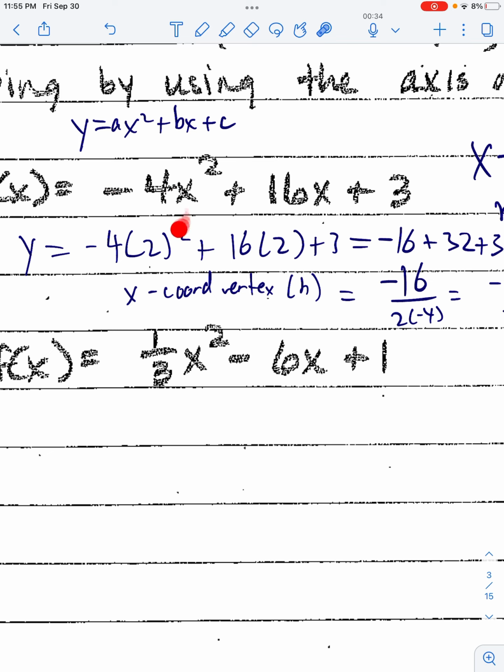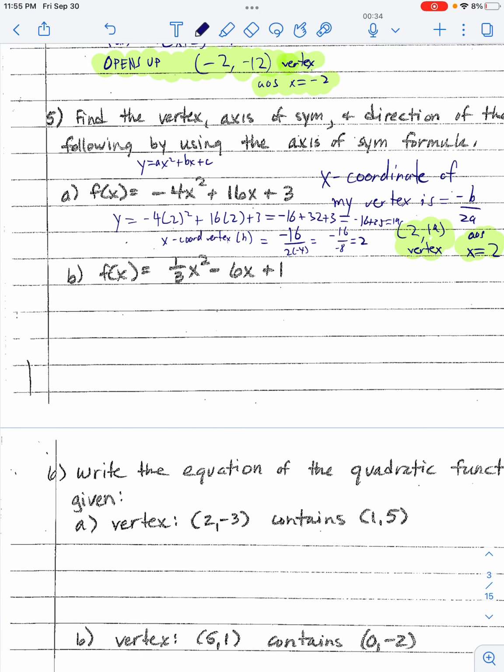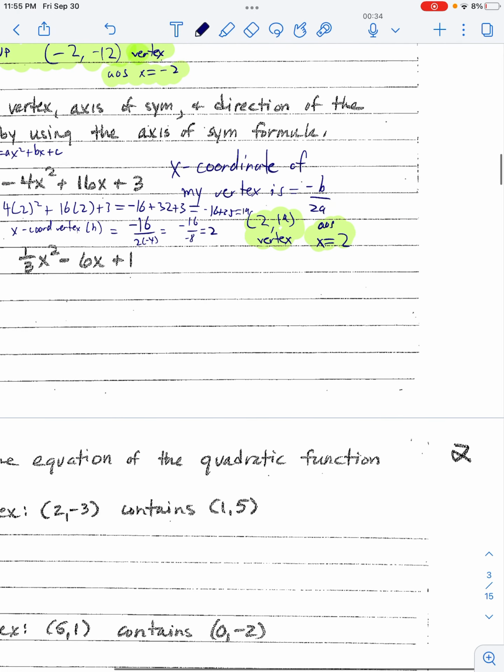If it's 0, I'm not going to have an x squared term, and I'm going to have a line, which means I'm not even going to have a parabola, so I don't need to worry about that. So here, my lead coefficient is negative, so I'm going to say it opens down. This parabola opens down.